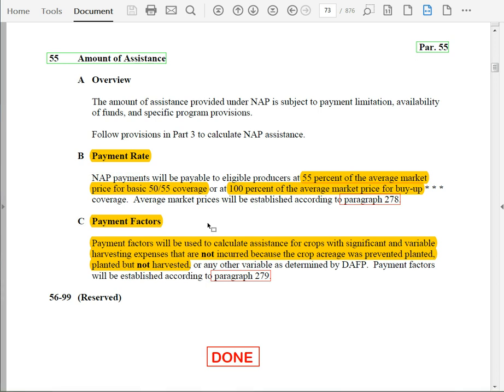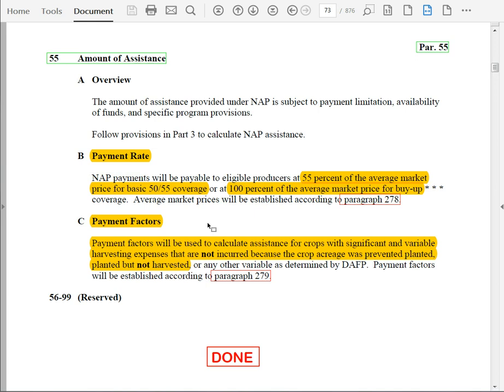The last term in this paragraph, payment factors, applies to 3 stages of production: prevented planting, unharvested, and harvested. The harvested factor is always 100%. The unharvested factor is always less than the harvested factor, and the prevented planting payment factor is always less than unharvested.